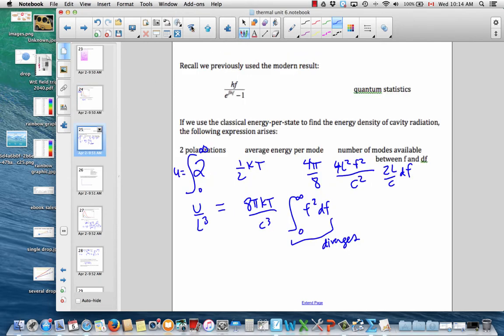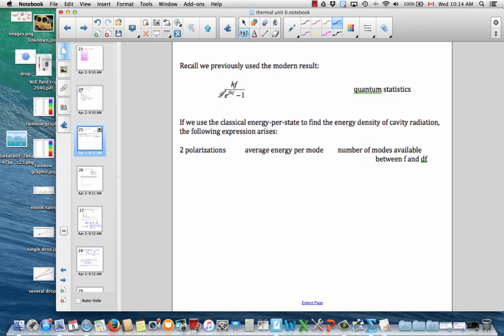So let's see what that gives us in terms of energy density. So classically, first of all, recall that we had this number when we did our derivation of the Planck function. If instead of that, for the average energy per mode, you have kT, what goes on with that? Well, we still have 2 polarizations, and the number of modes is still the same as it was.